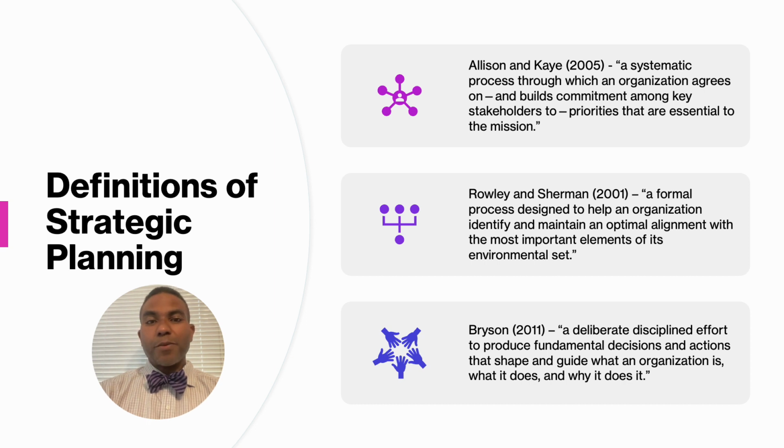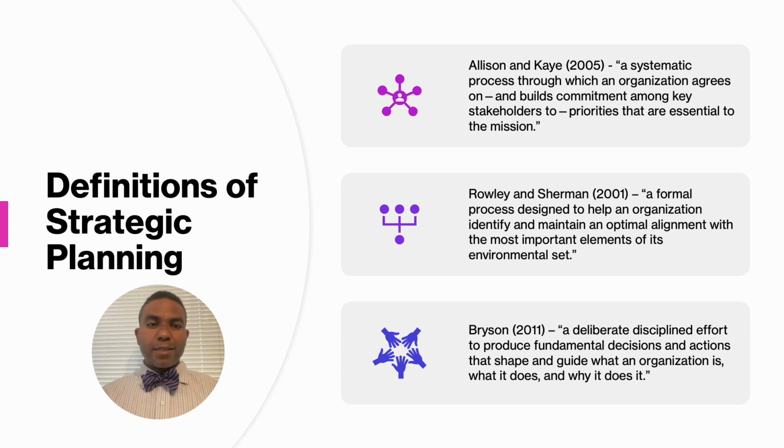Now, Riley and Sherman define strategic planning as a formal process that's designed to help that organization identify and maintain the optimal alignment with the most important elements or parts of the environmental set, or what's going on in that institution. So identifying and aligning with what's most important.